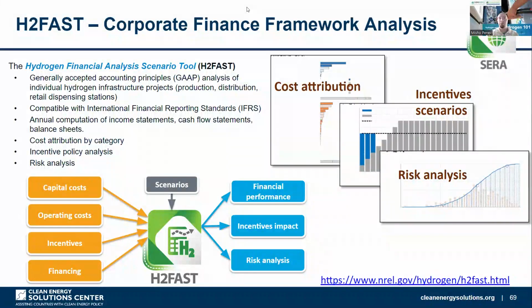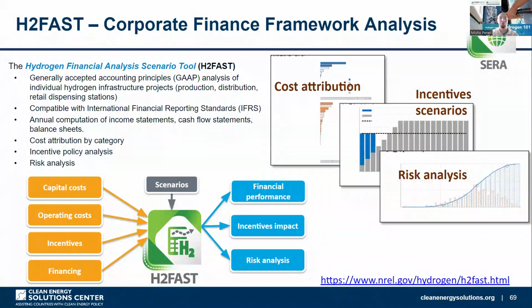The model uses a very detailed financial framework. Again, it uses generally accepted accounting principles. It accounts for things like balance sheets, income statements, equity position, and cash flow statements.